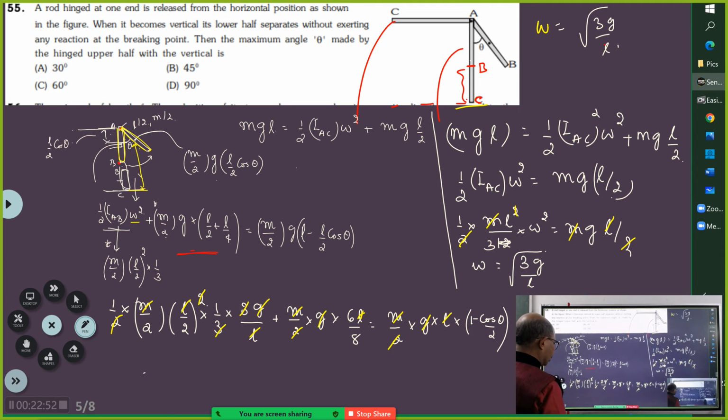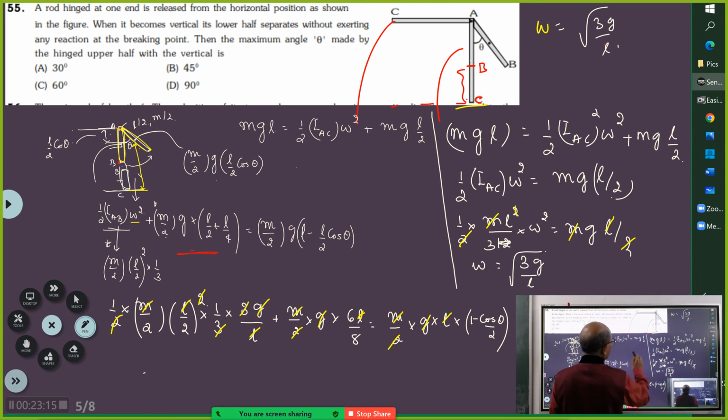Sir, I think that in the upper equation, it is mg L minus L by 4 cos theta. Yes, correct. L minus L by 4 cos theta.